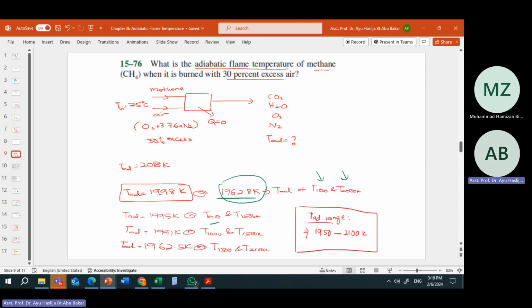If you assume between 900 and 1,500, the range is still around 1,9xx to 2,000. It depends. As long as your T adiabatic is in the range, then it should be correct. Unless you calculate and get 1,6xx, out of the range, then something is wrong somewhere.